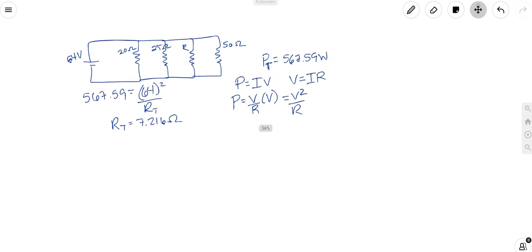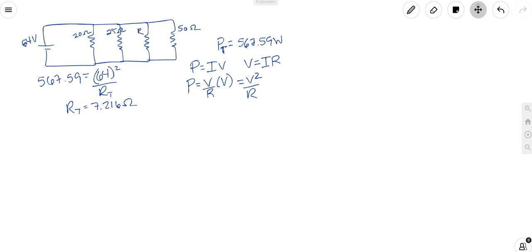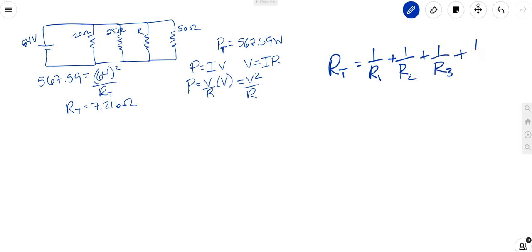Then from here, I'm dealing with a parallel circuit. So with a parallel circuit, remember that total resistance in this case is going to be 1 over R1 plus 1 over R2 plus 1 over R3 plus 1 over R4, all to the inverse.